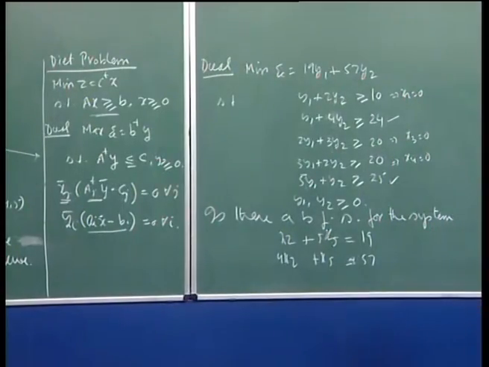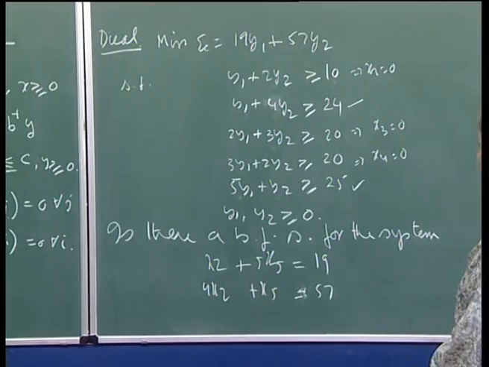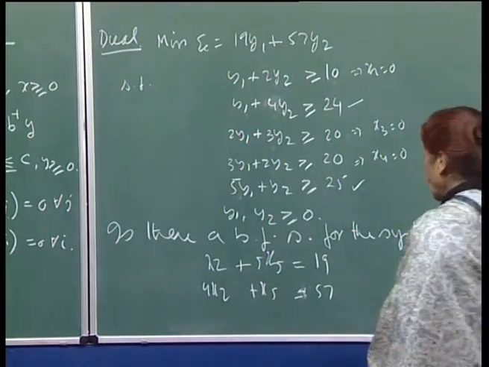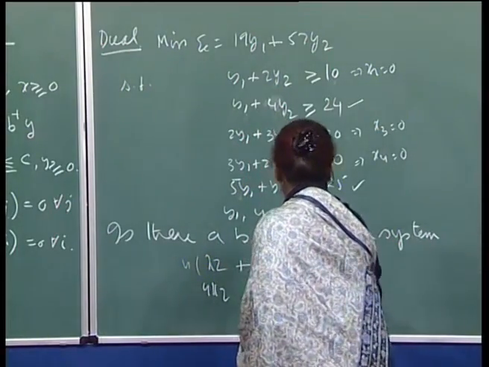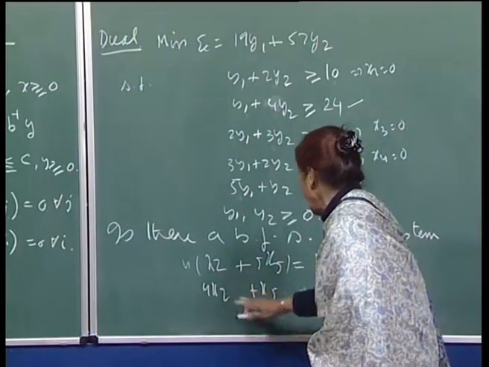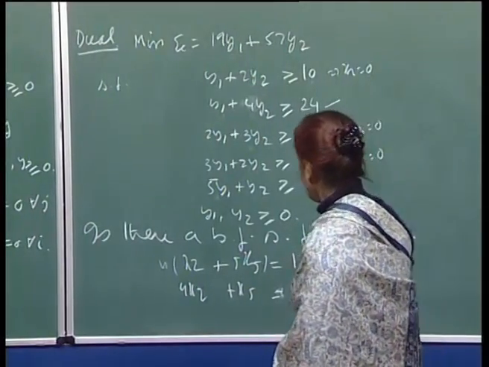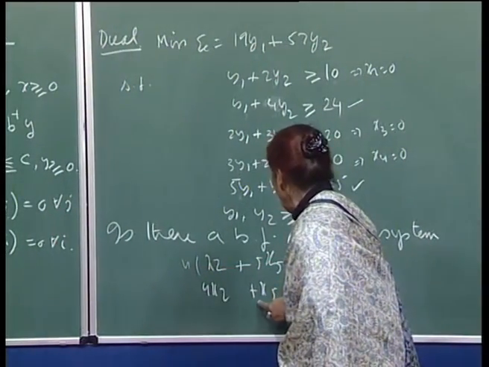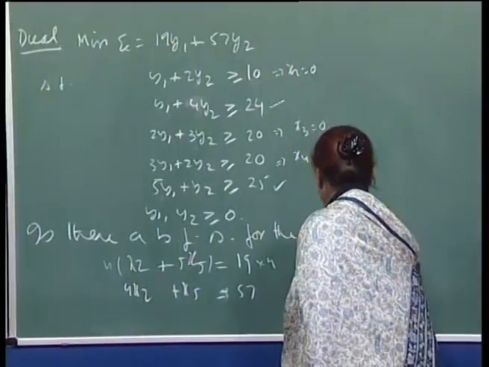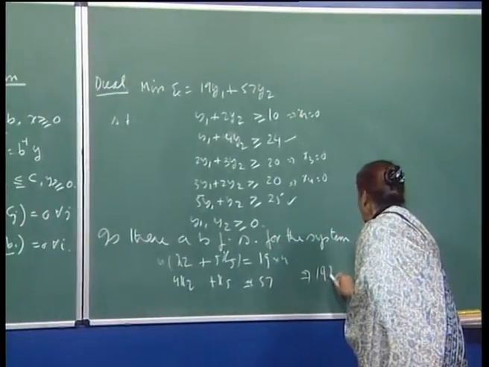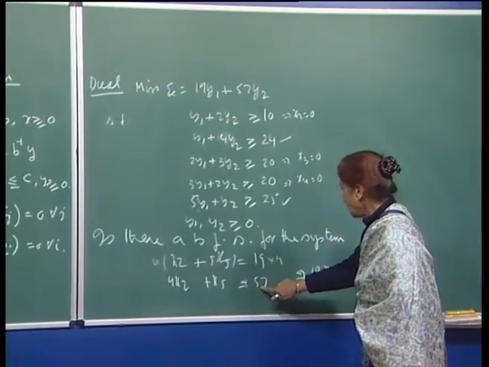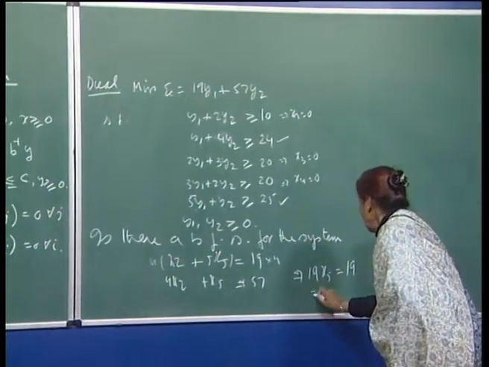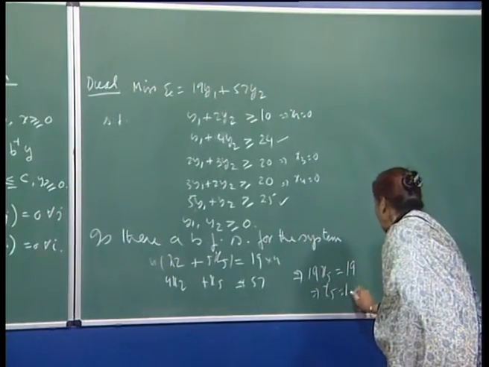If I can find x2, x5 satisfying these constraints and they are non-negative, then I am done, because I have a basic feasible solution. So, let us quickly multiply this by 4 and then subtract. What will I get? 20 minus x5 is 19, so 19x5 is 4 times this and 3 times that, this is 19. So, this implies x5 is 1.